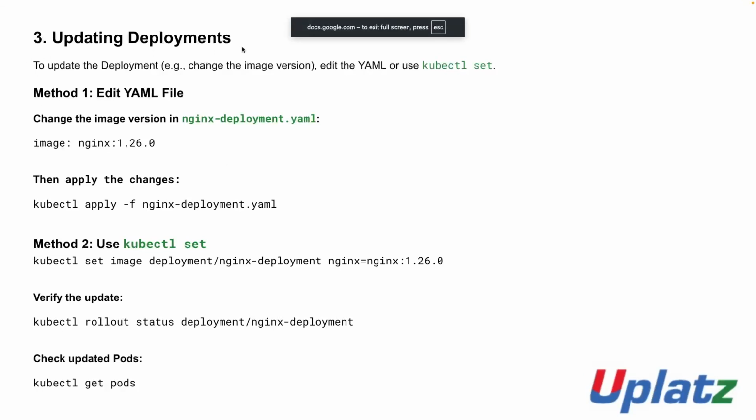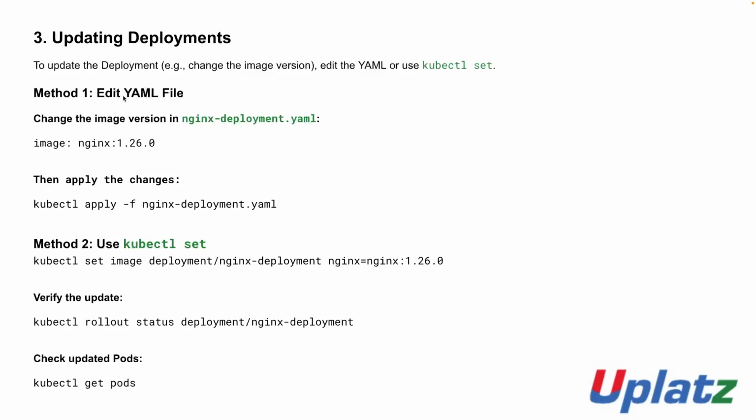Updating deployments. To update the deployment, for example, change the image version, edit YAML or use the kubectl set command.